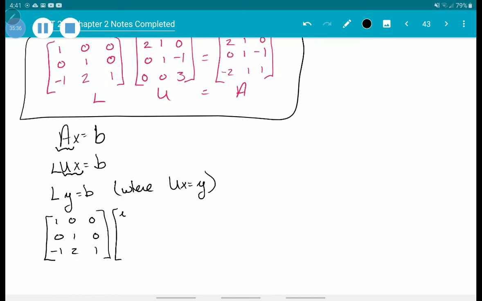Y is a dummy variable. I'm going to call it Y1, Y2, Y3. And I call it a dummy variable because it's something we introduce, like a means to an end, to get us to the end. And our B was 1, 2, negative 2.